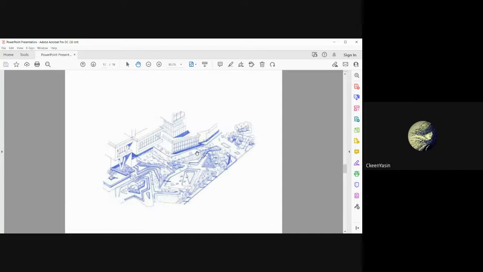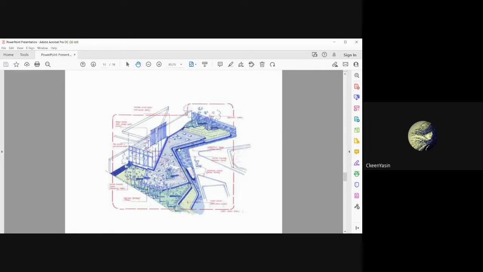It's not that hard. If you have good practice and so on, you can come out with something like this. This is isometric, an example of the design. So in an actual project, if we want to show the client many things, we do the isometric drawing.